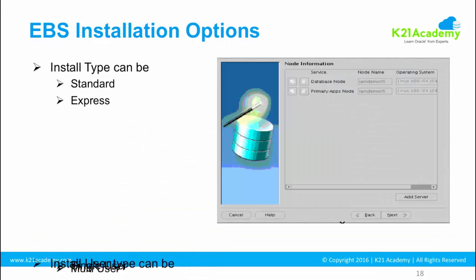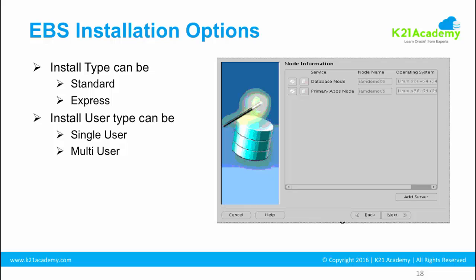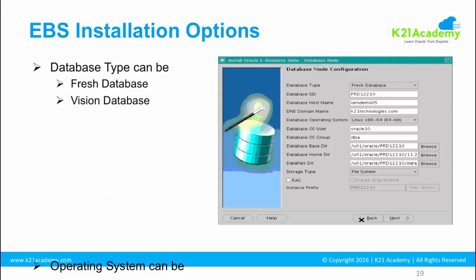After that, we looked at various options for installing Oracle EBS: standard versus express type, single versus multi-user, and single node versus multi-node installation. We also looked at database type, that is fresh database versus Vision database.